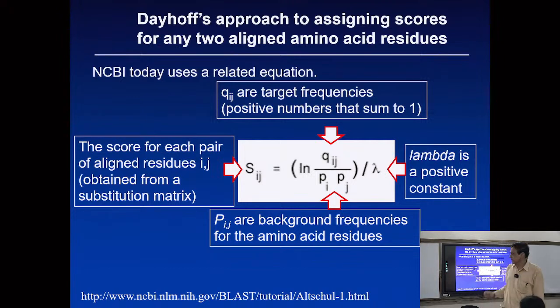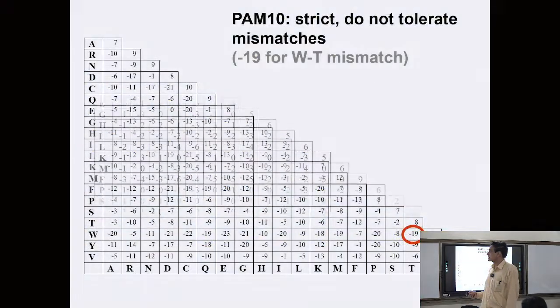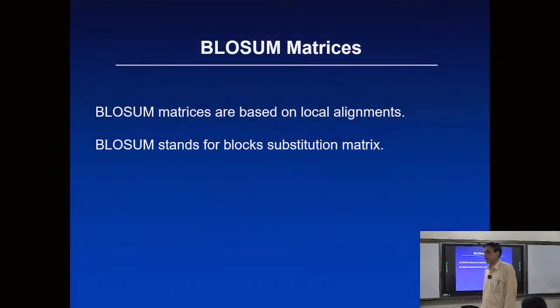Okay. But by the 1990s, hundreds or thousands of sequences were already obtained. Early 1990s, sequences from many different protein families. So researchers wondered why we would want to use higher number PAM matrices, when there are sequences from protein families where members could be closely related as well as many could be distantly related.